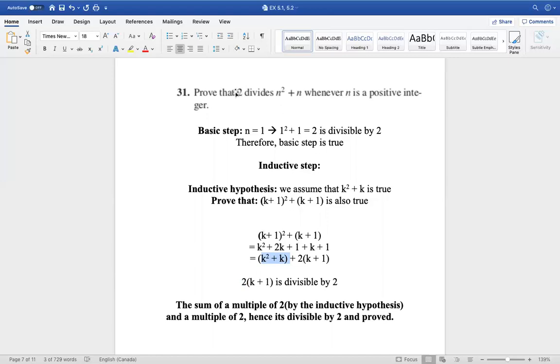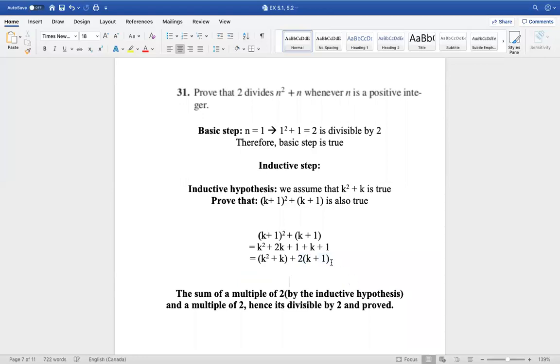Because here it says in the question that n squared plus n, right? We've already assumed that k squared plus k is true, which means that k squared plus k is divisible by 2. This is our assumption, and we know that this is true. Therefore, altogether we know that this whole thing is divisible by 2.